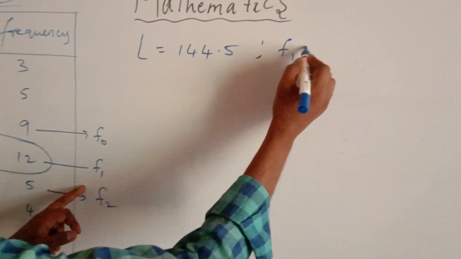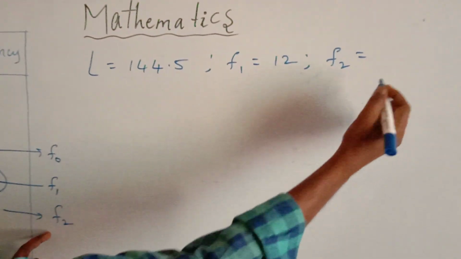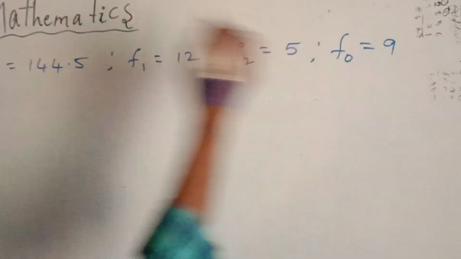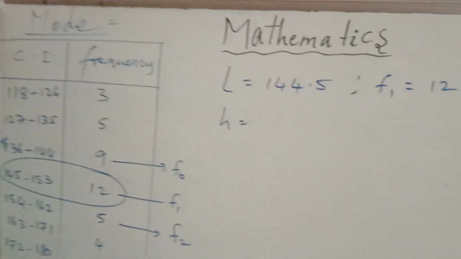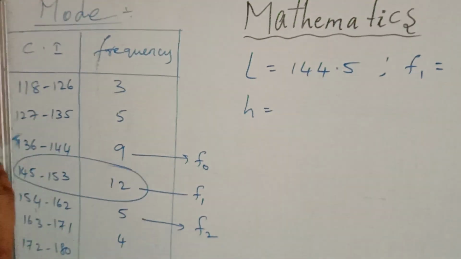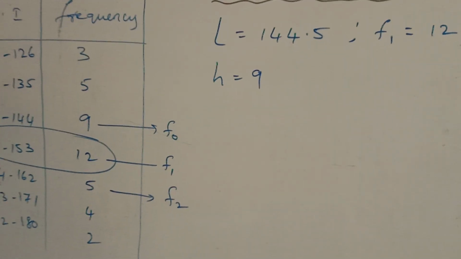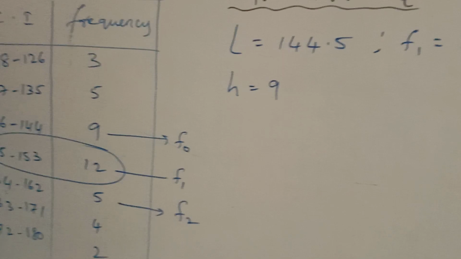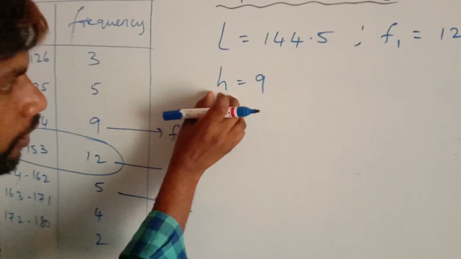F1 is 12, F2 is 5, F0 is 9, and H is, since this is inclusive, 126 minus 118, which is 8, and add 1 to the class interval, so H is 9.